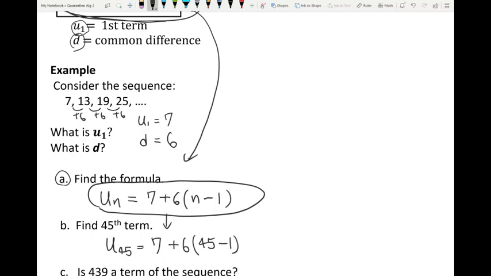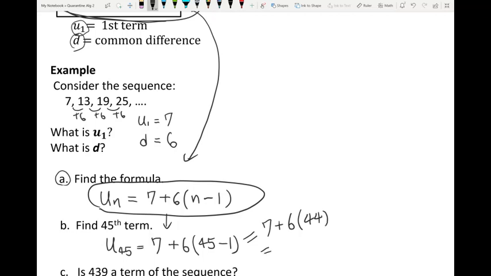So we just need to do the math. It's going to be 7 plus 6, parentheses, 45 minus 1, which is 44.